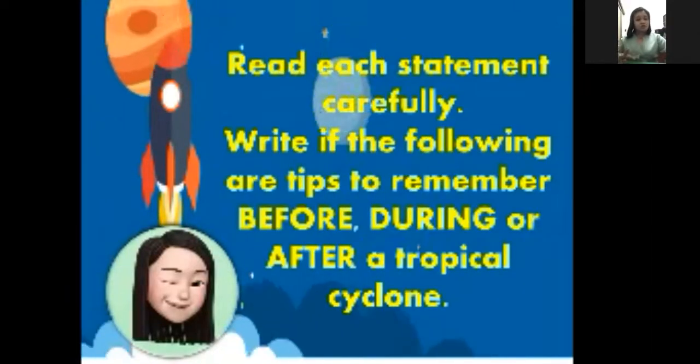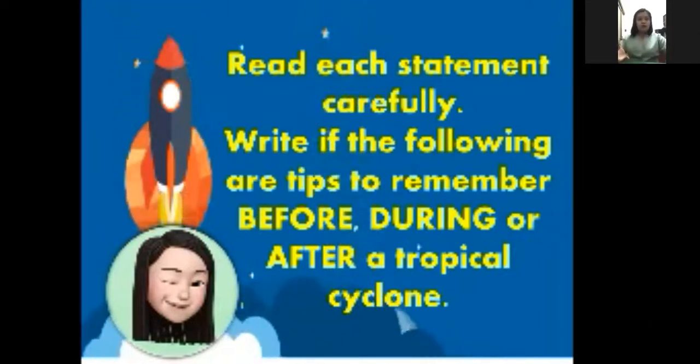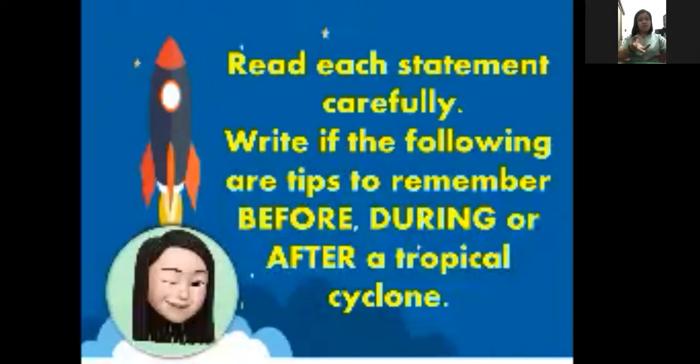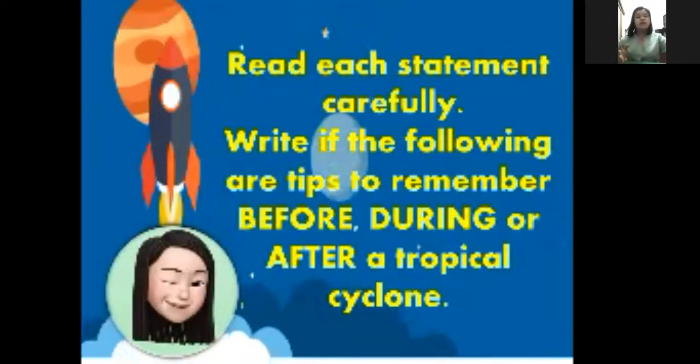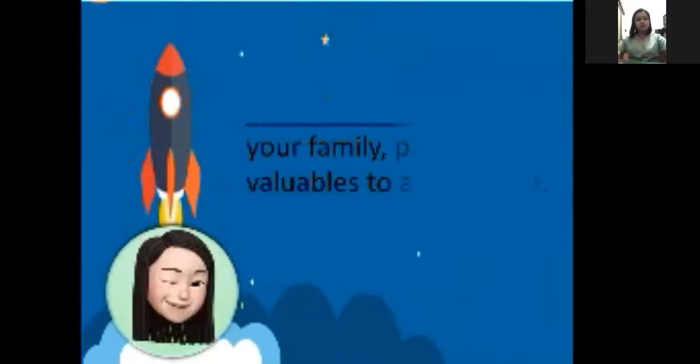You can pause this video at this part. Read each statement carefully, or ask your parents or guardians to help you read the statement for you. Then answer if the tips are to remember before, during, or after a tropical cyclone. Okay, so here are the questions.